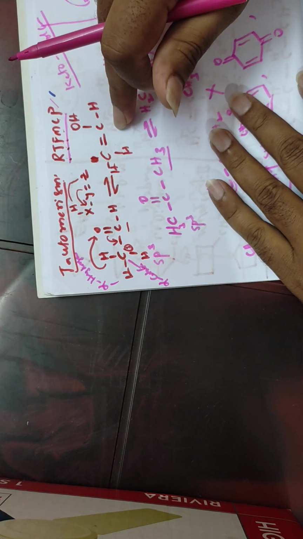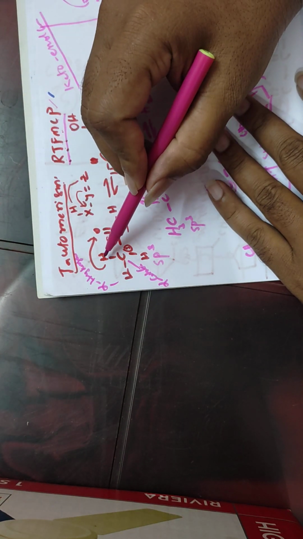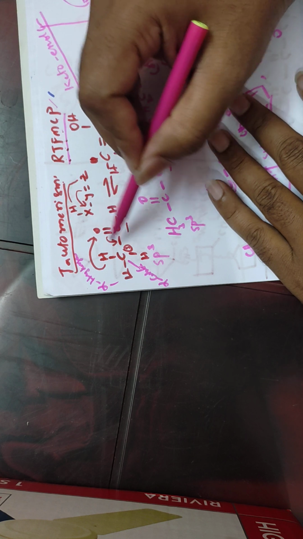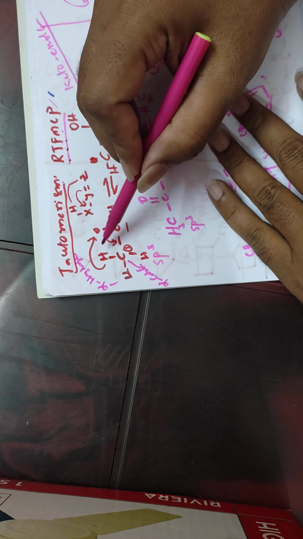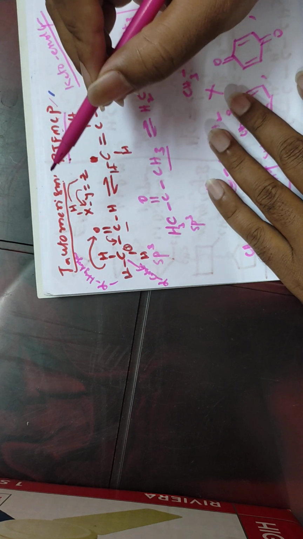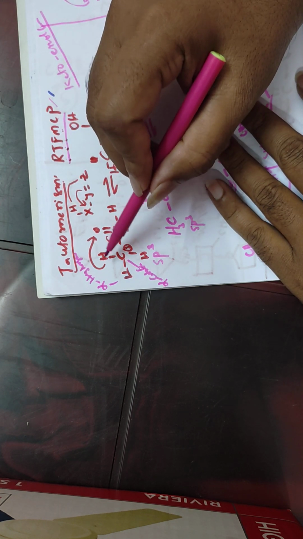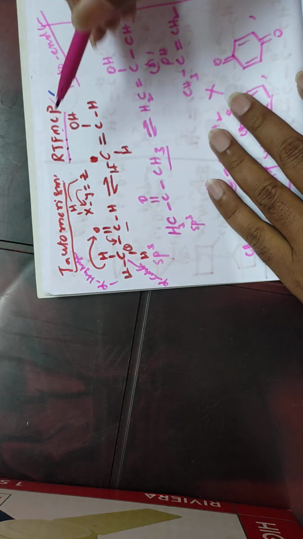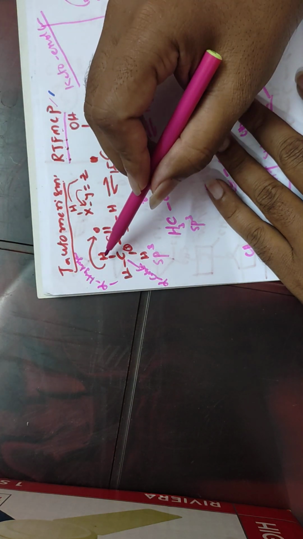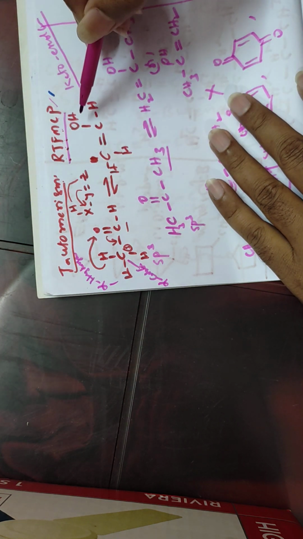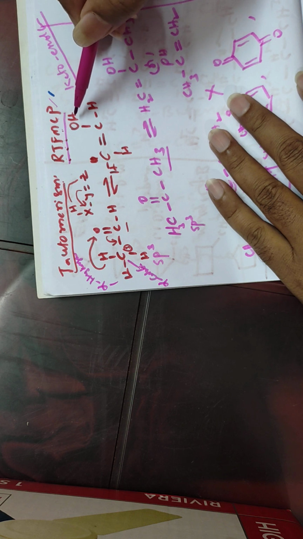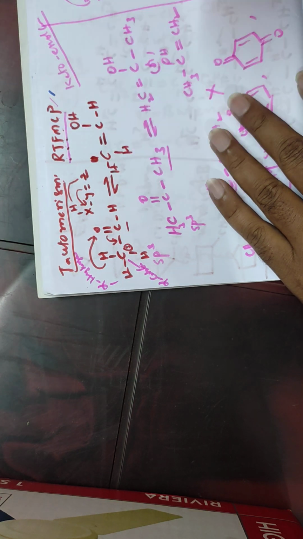What happened here? This is the monovalent atom. These two are the polyvalent atoms. This hydrogen, this proton, oscillates between these two. Once it is here and another time it is here. You see here, if this proton is at O, then it will change to OH. If it transfers to here, then it will come back.